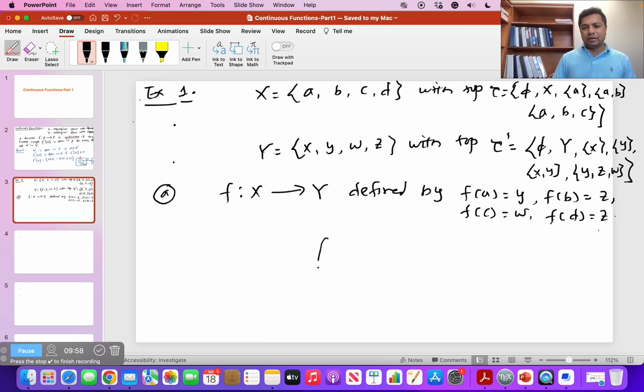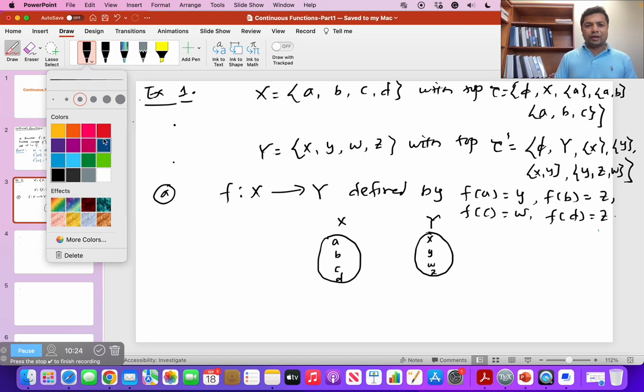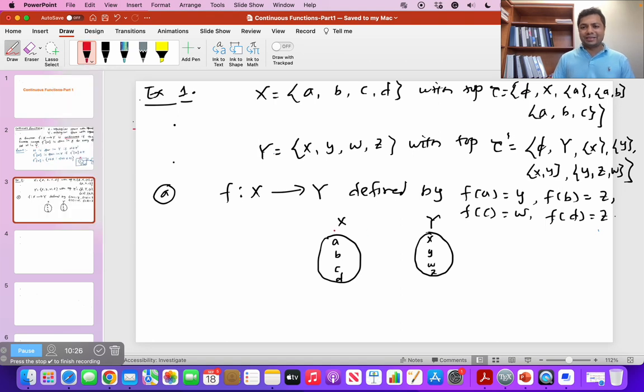Okay, here let's say this is my topological space X and this is my topological space Y, with the elements of X being A, B, C, and D, and the elements of Y being X, Y, W, and Z. And our function f is defined by this relation.